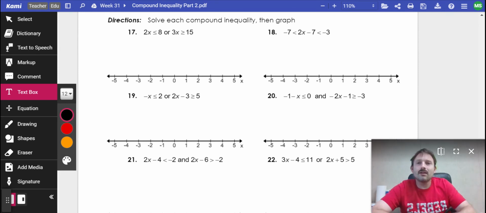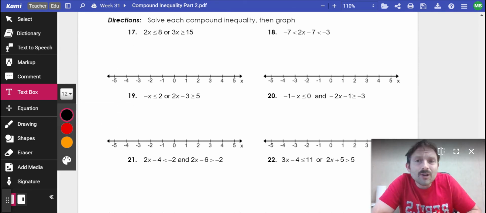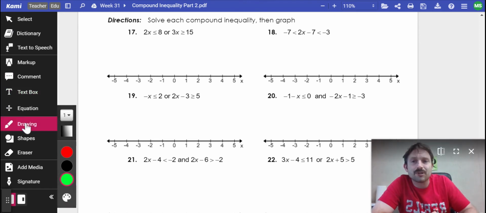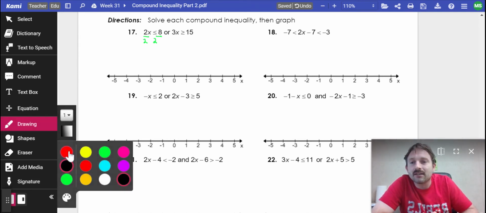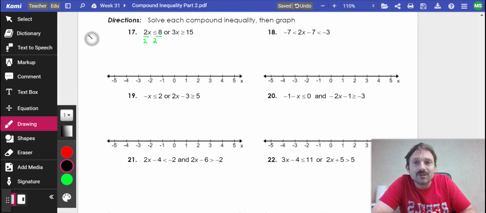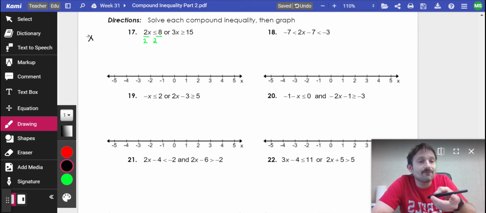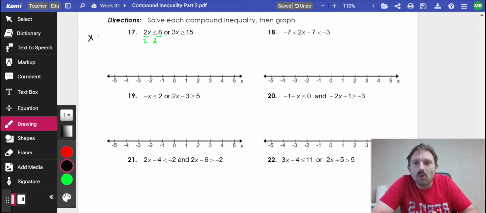All right, so when we try to solve it, what we have to do is isolate for x. So we have to use the properties of equality. If I see 2x, what the 2 is doing to the x is multiplying. So I'm going to use the division property of equality in order to isolate for x.